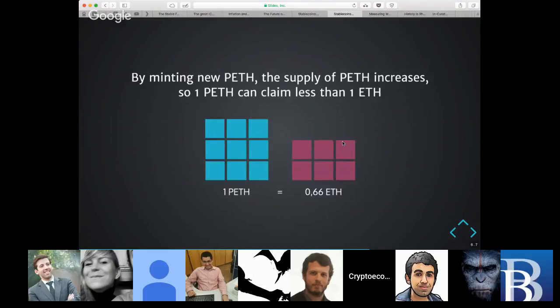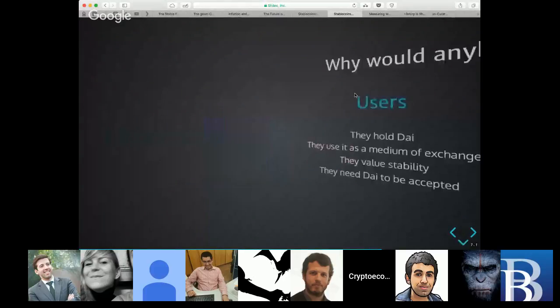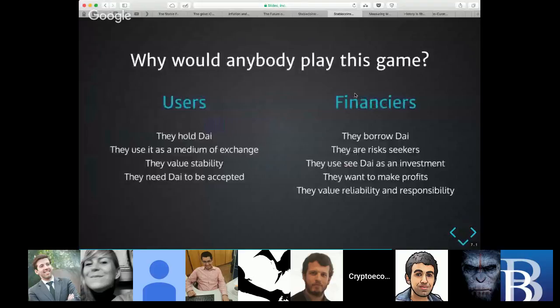So for the system, in this situation, it is not positive, to say the least, right? Because you are basically diluting the pooled ETH in general. Okay, so this is the way they are doing it.